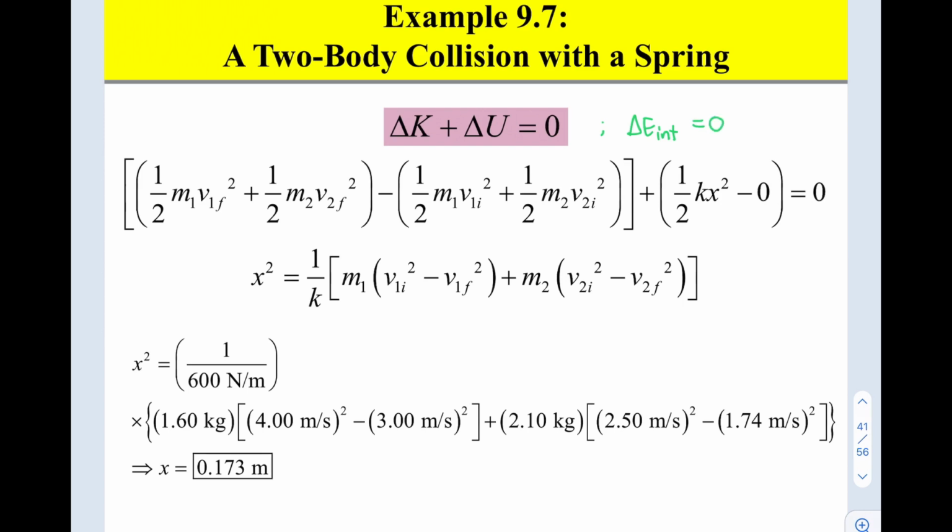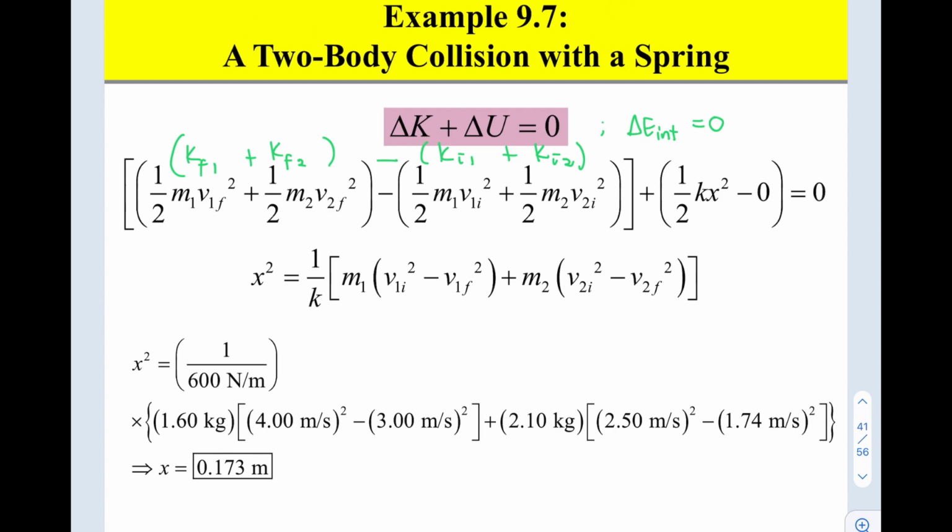So delta K means K final for object 1, K final for object 2, since we have two objects, minus, remember, delta K means final minus initial, K initial of object 1 and K initial of object 2.